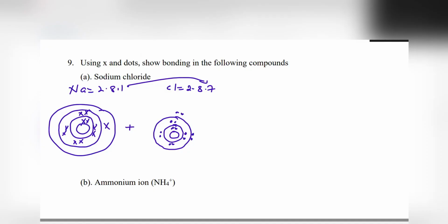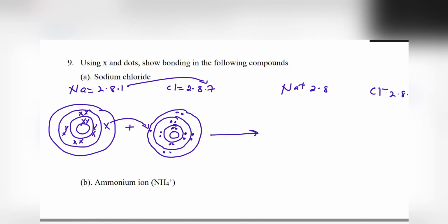So we are using dots. So here we have 1. So we expect this one to come here. So on this other side, we are going to have sodium ion with 2, 8, and of course the chloride ion with 2, 8, 8.